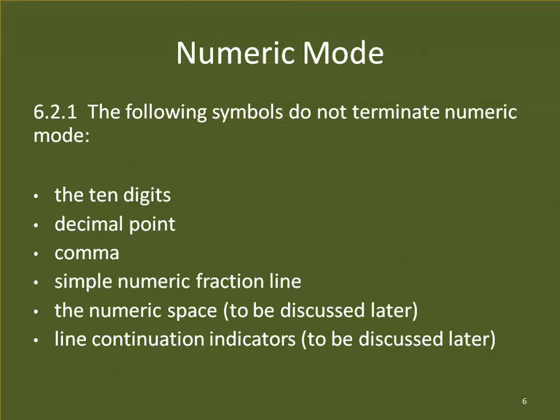Or the decimal point, you wouldn't want numbers to stop at a decimal point, or a comma. This is something called a simple numeric fraction line. We'll talk about that later in this session. A new thing called the numeric space, and line continuation indicators. So just these 6 things will allow numeric mode to continue through. Anything else will stop numeric mode.